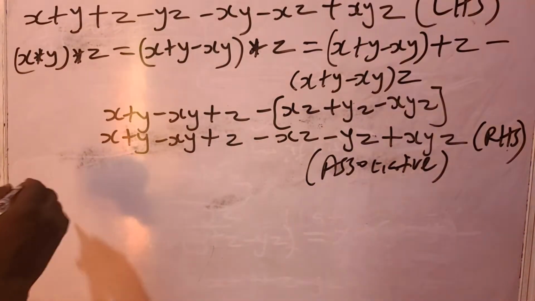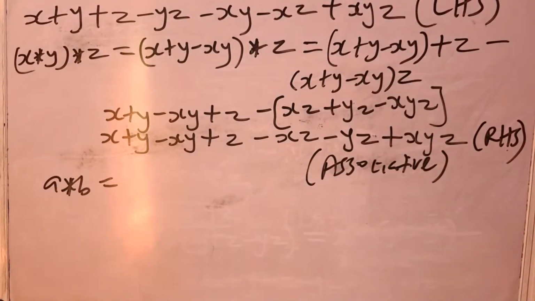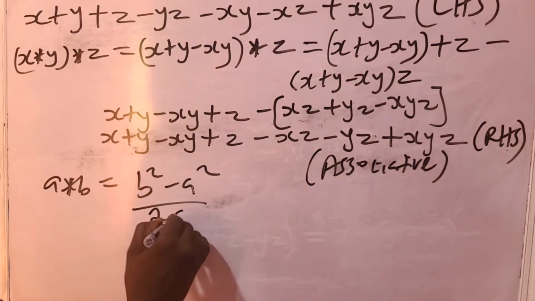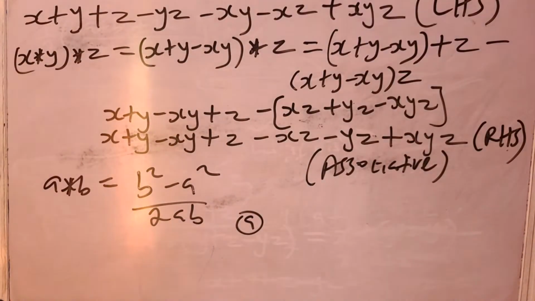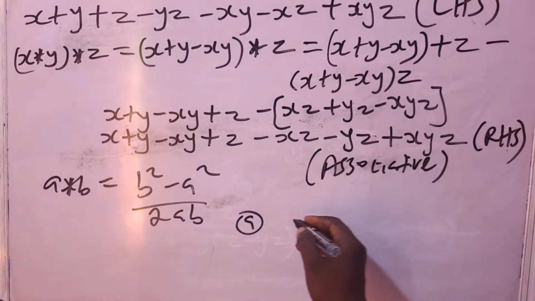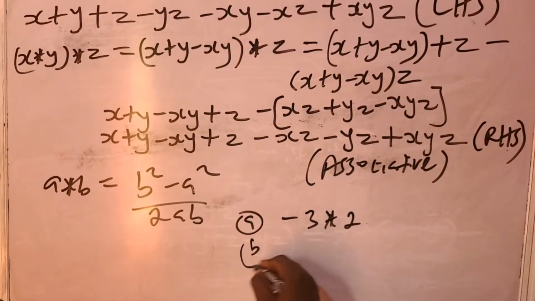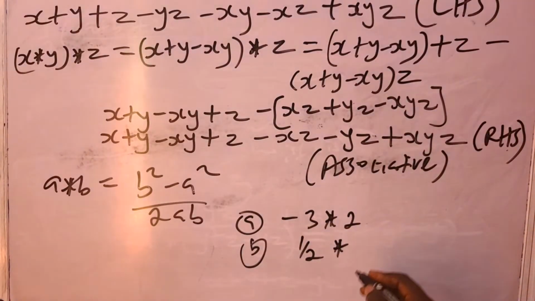If we have a star b being defined by the function b squared minus a squared over 2ab, the question is for you to find minus 3 star 2, and I want you also to find 1 over 2 star minus 1. All right.